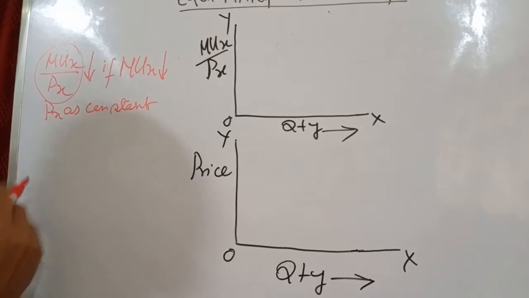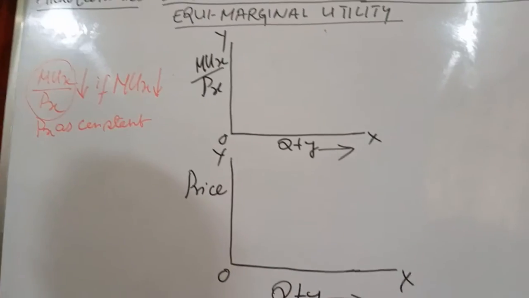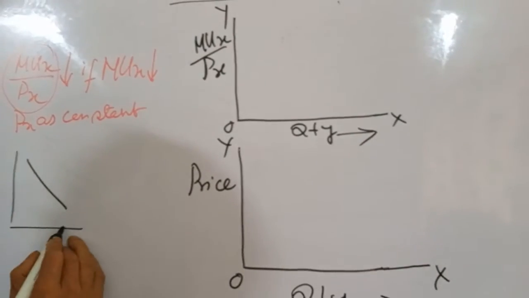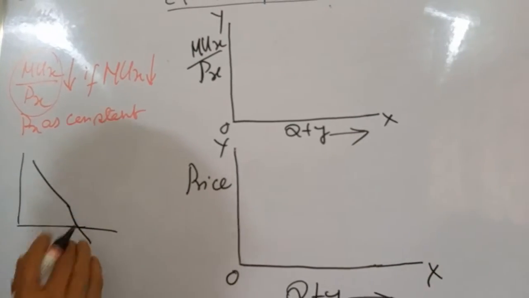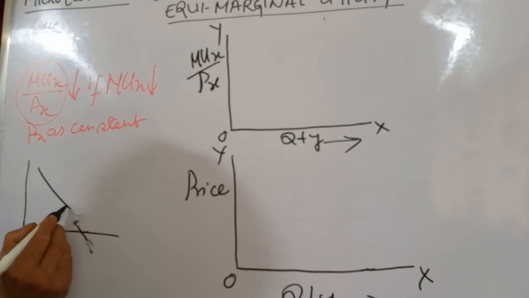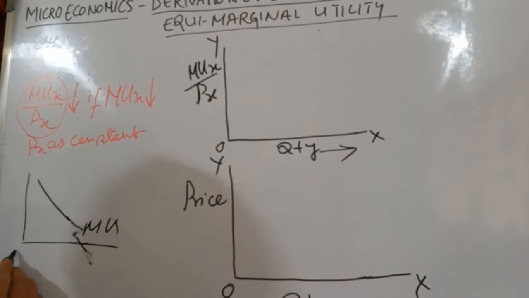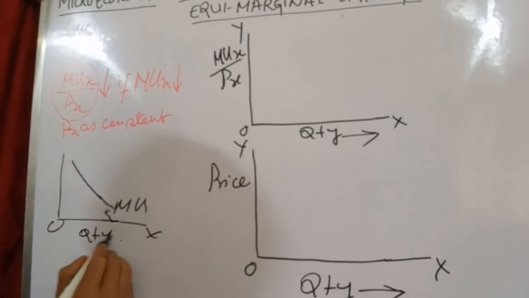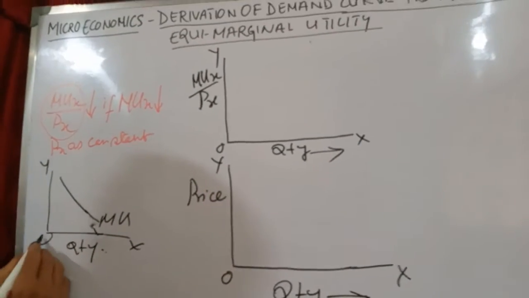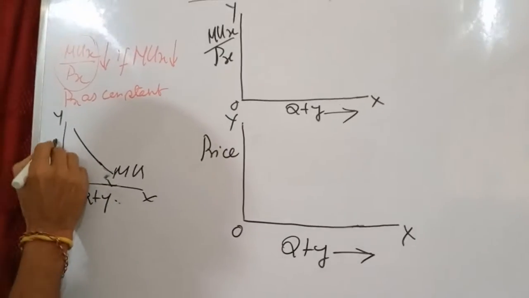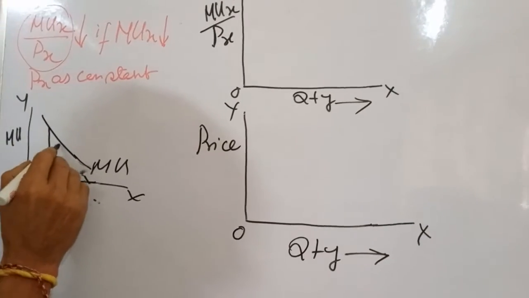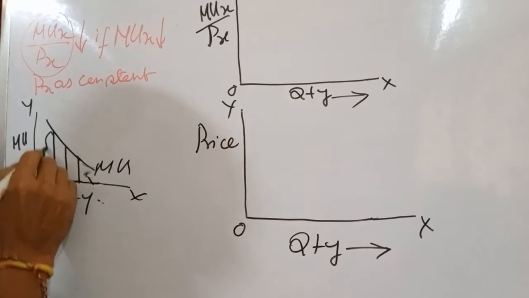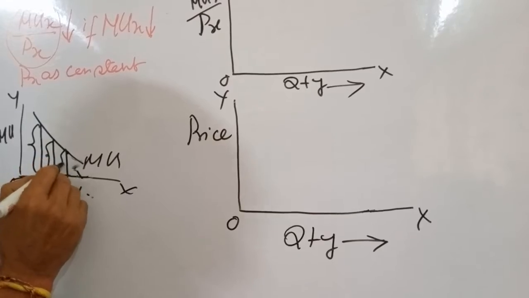So as we have seen in marginal utility curve that it is downward sloping, this is MU. On x-axis we measure quantity, on y-axis we measure marginal utility. Then as the consumer consumes more of a commodity, the marginal utility comes down.